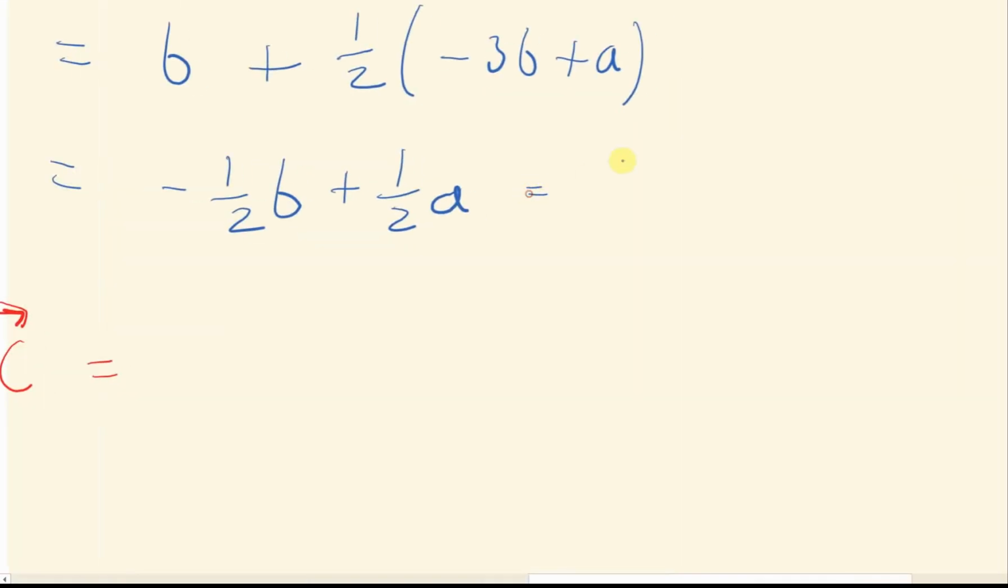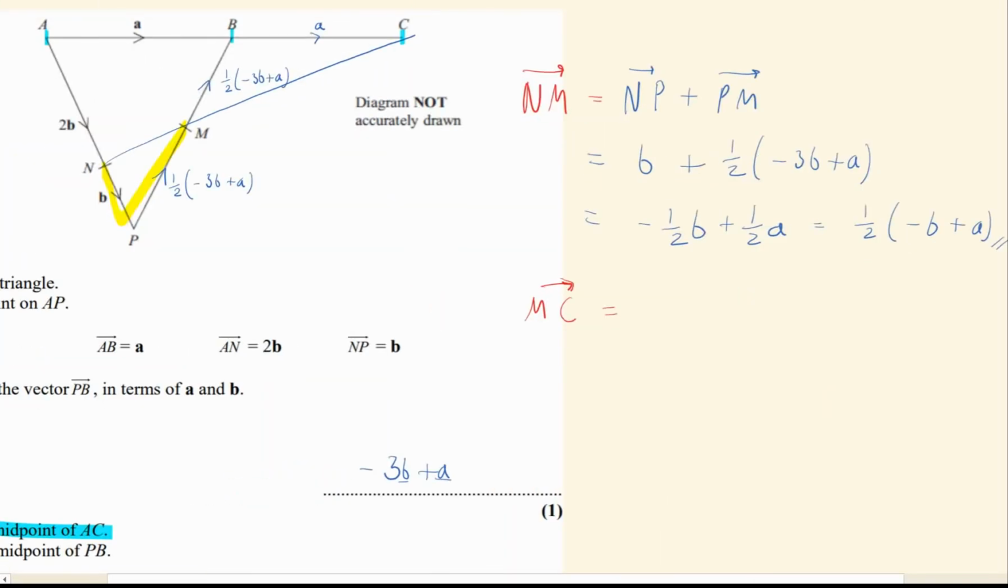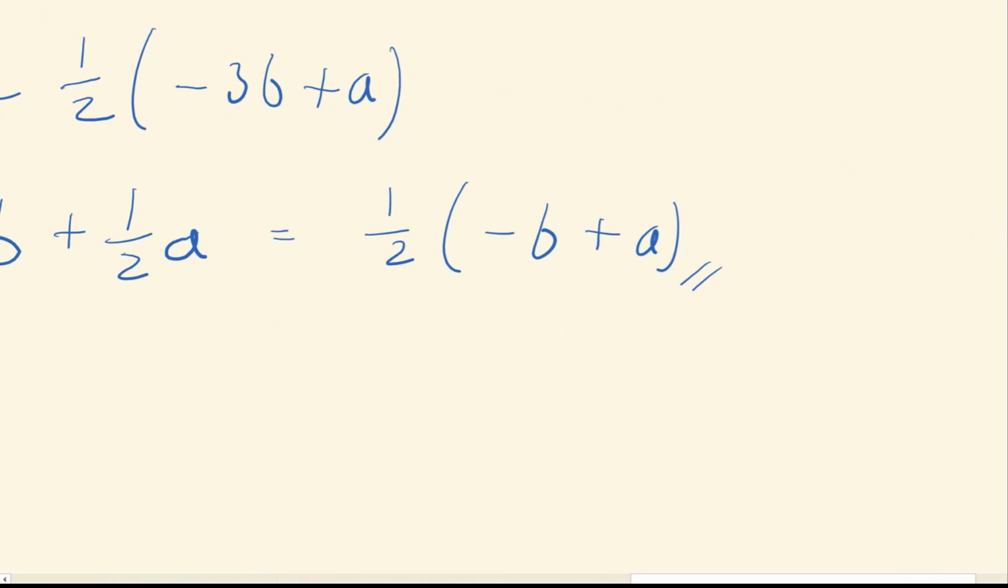We can take out a factor of a half, so it's a half of minus B plus A. So what I'm looking for is, when I work out M to C, it should factorize to something with a minus B plus A inside the brackets.